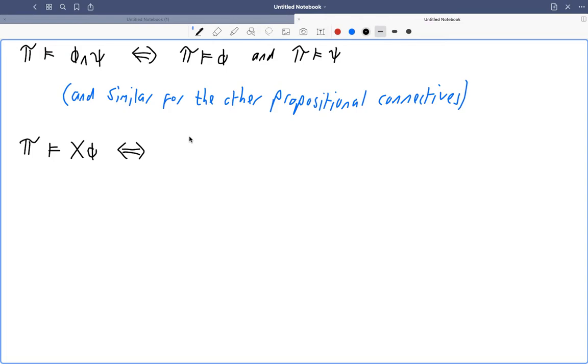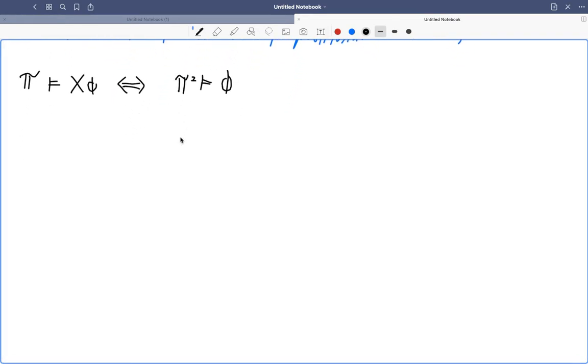So another way of saying that is that phi holds along the run pi, but starting from the second state of the run pi. So we can use our nice notation here, pi superscript 2, and that is the run of pi starting from the second state. So phi holds starting from the next state. That's what it means for next phi to hold starting from now.